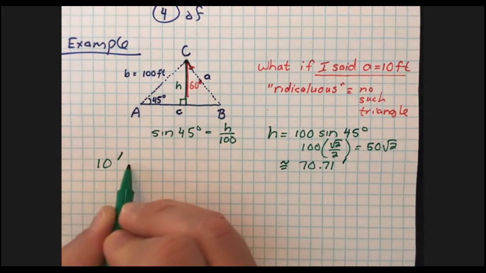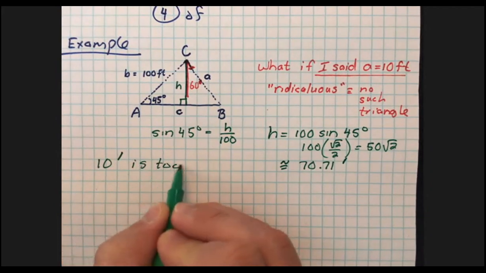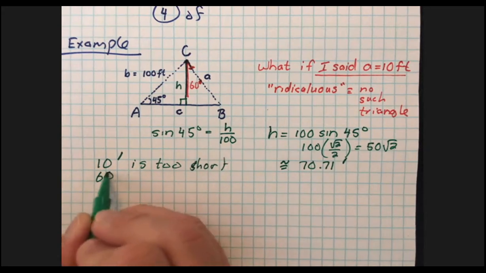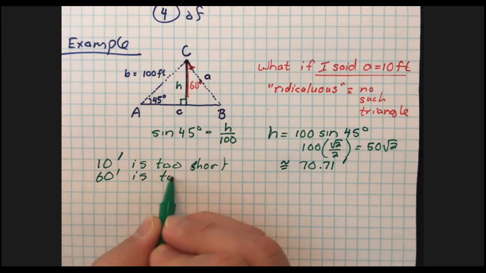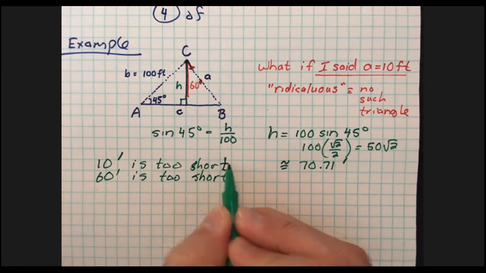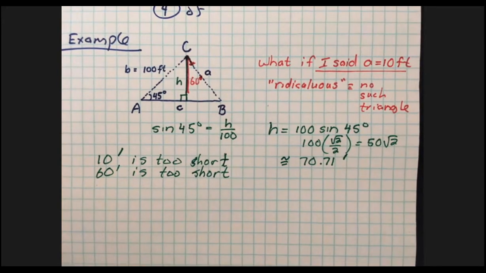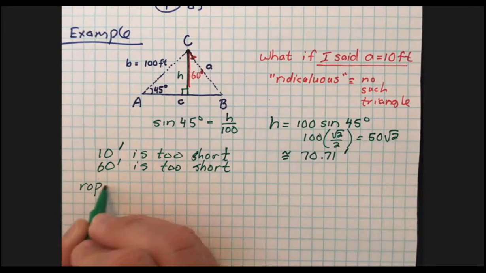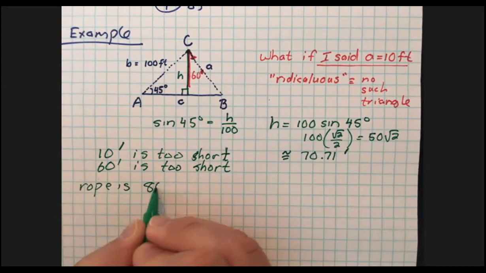10 feet is too short. 60 feet is too short. Now, Trevor's question was, in a sense, could there be a too long? What if I said to you, rope is 80 feet?